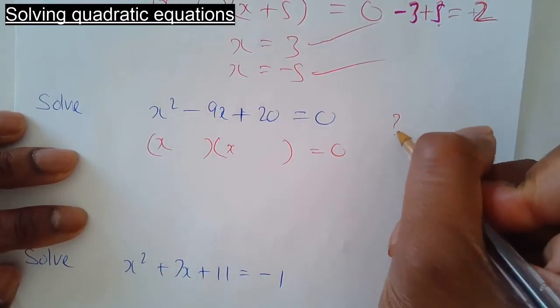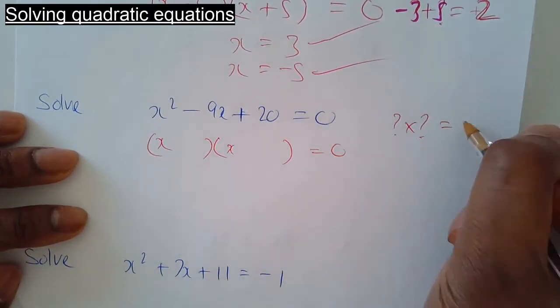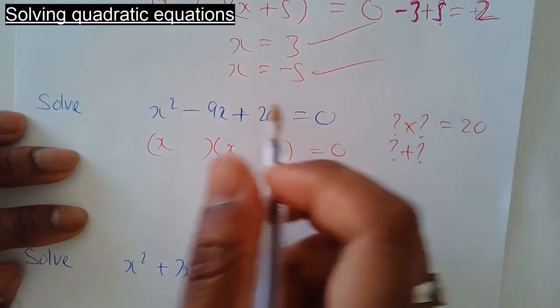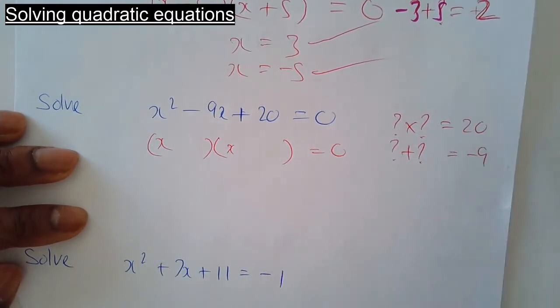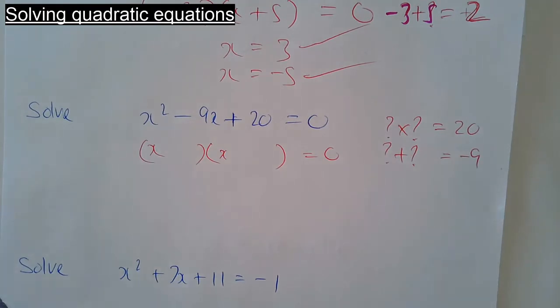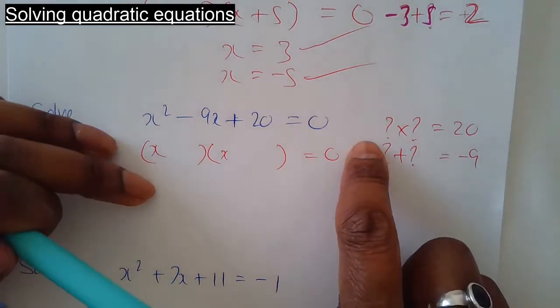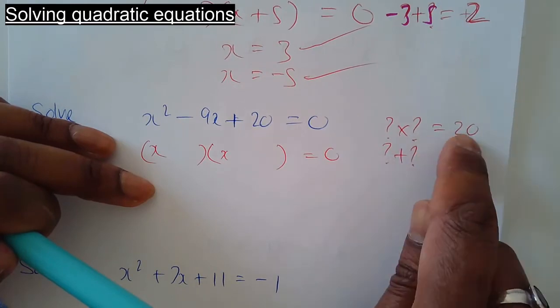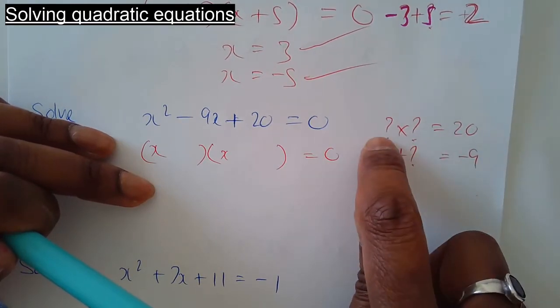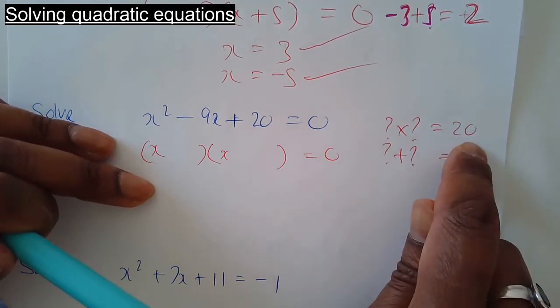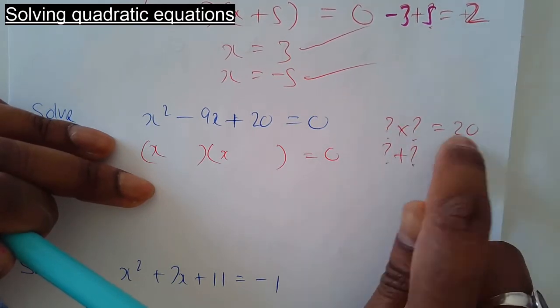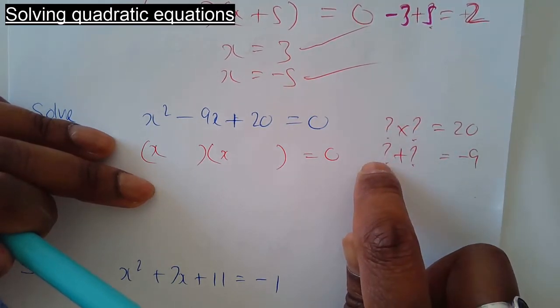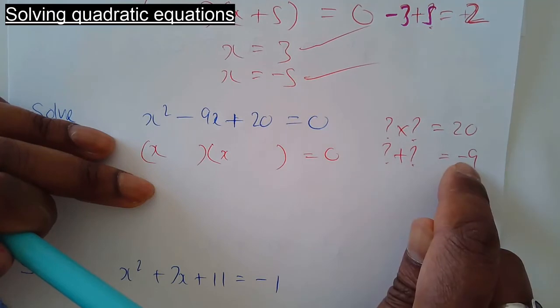What two numbers multiply together to give you positive 20, but when added together give you this negative 9? Well, you might be tempted with lots of different numbers. You could try, for example, minus 2 times 10. That does not give you 20, does it? 2 times 10 is 20, but is 2 add 10 equal to minus 9?